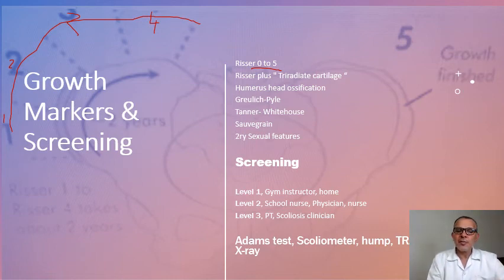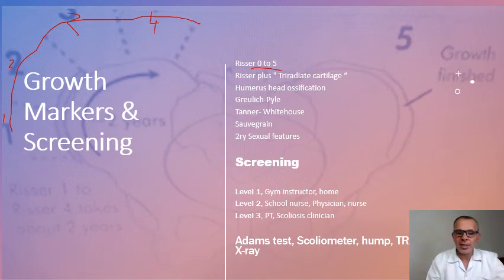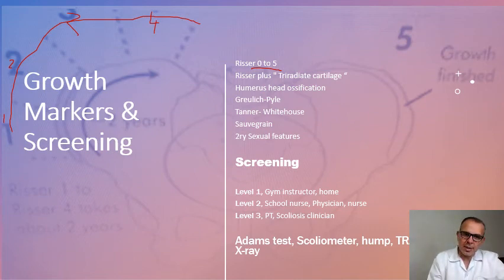We have the Sauvegrain, which also deals with the elbow ossification centers. And definitely we have the secondary sexual features and characters for both male and female. We use all these growth markers in combination with each other. Some people prefer certain things, but it all works. We just use it as a package to determine our patient's age and growth age, and to discuss the treatment and management according to growth and age.